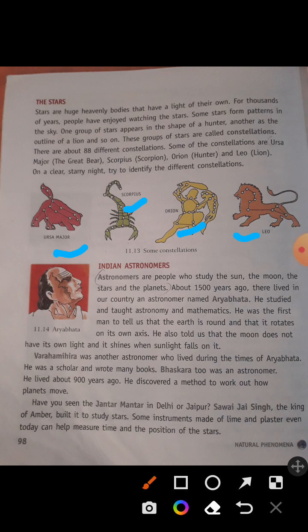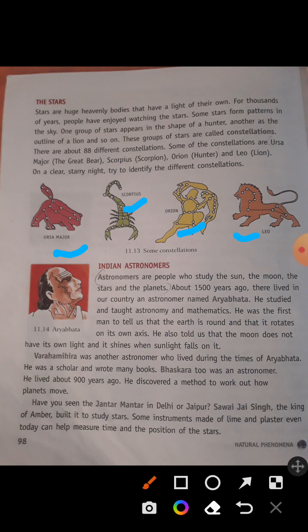He also told us that the moon does not have its own light and it shines when sunlight falls on it. Students, Varahamihira was another astronomer who lived during the times of Aryabhat. He was a scholar and wrote many books.